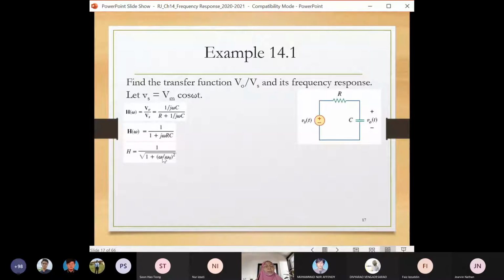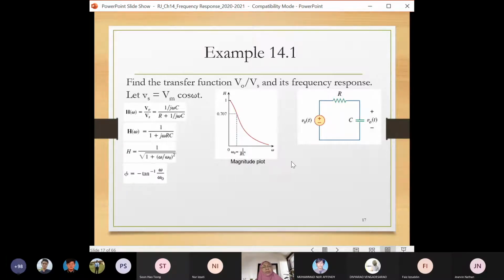The magnitude H is equal to 1 over the square root of 1 plus omega over omega naught squared. And the phase angle between current and voltage is negative tangent inverse of omega over omega naught.